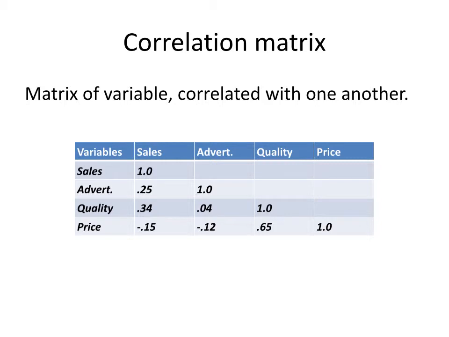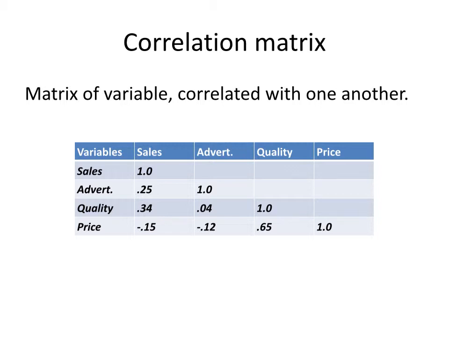And then the off-diagonal entries. Typically in a correlation matrix you see only the bottom half, because the correlation of advertising with sales, 0.25, is going to be exactly the same as the correlation of sales with advertising. So given these, we can look at these correlations and ask whether they make sense.